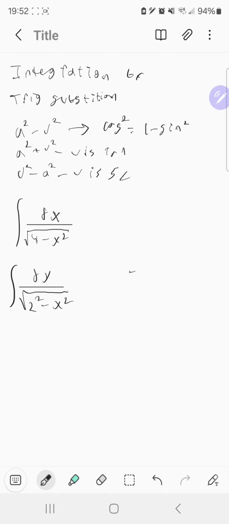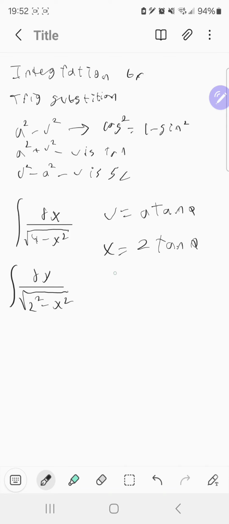Now, this right here is a, and this is u. So we can use the formula u equals a tangent theta. And so u is x, a is 2, tangent theta.